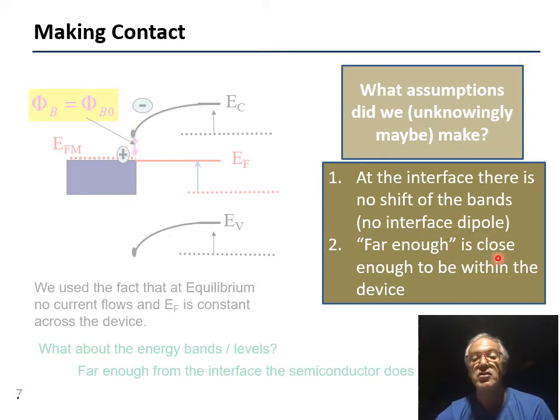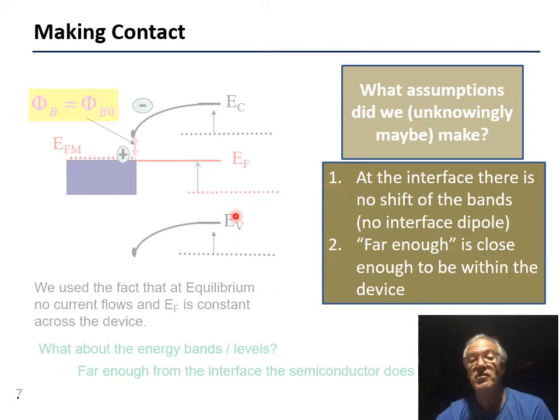And also we assume that far enough, where there is really no effect of the interface, this far enough is still within the device, that we can really use it as the second boundary condition.